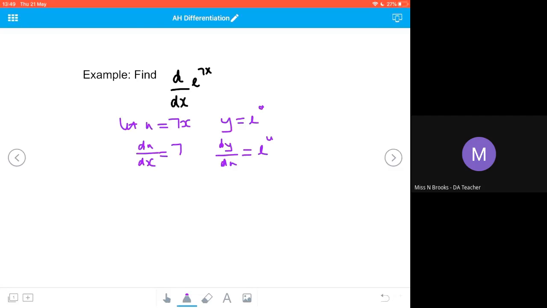So we know that dy by dx is going to equal dy by du multiplied by du by dx, and we're going to substitute in our values. Dy by du was e to the u, du by dx was 7, and then we're going to write it with respect to x, so we're going to write that dy by dx equals 7e to the 7x.